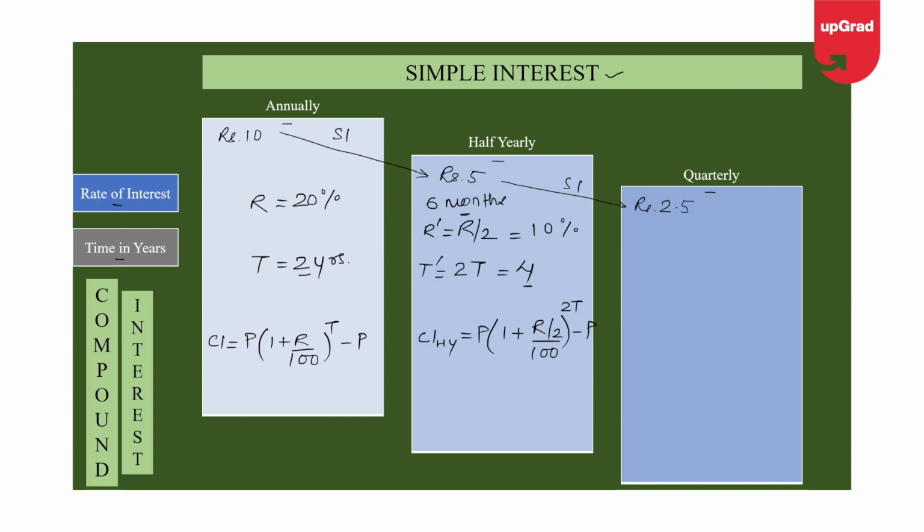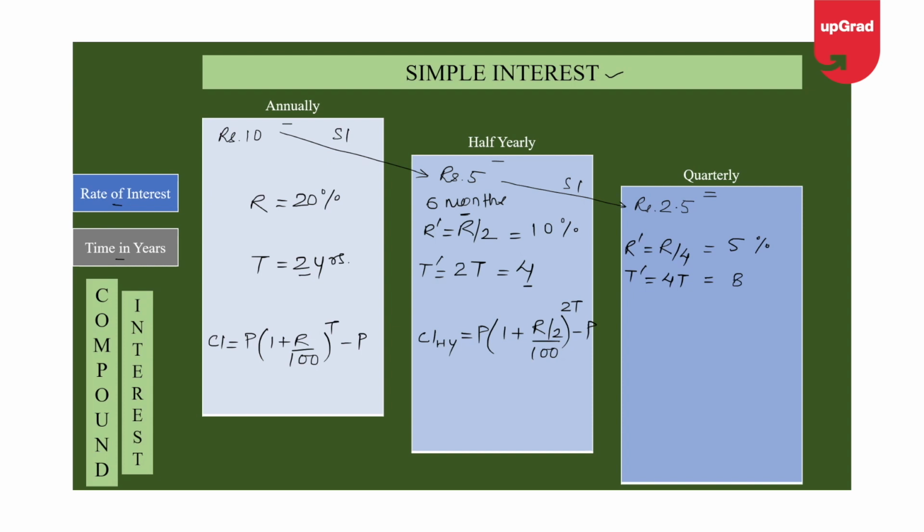Let's see the impact when it is calculated quarterly. So definitely over here, rate of interest will become R by 4 and effective time will become 4 times the total given time, which means in this particular case, my rate of interest becomes 5% and my time becomes 8. Now I'm not writing 8 years.